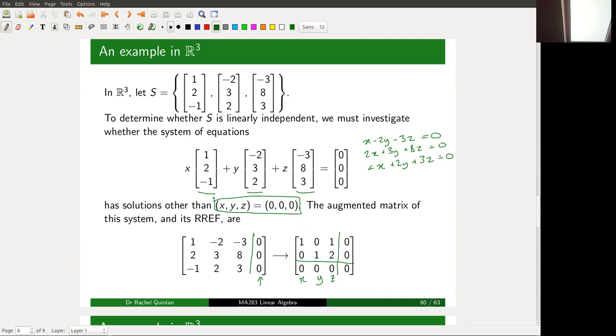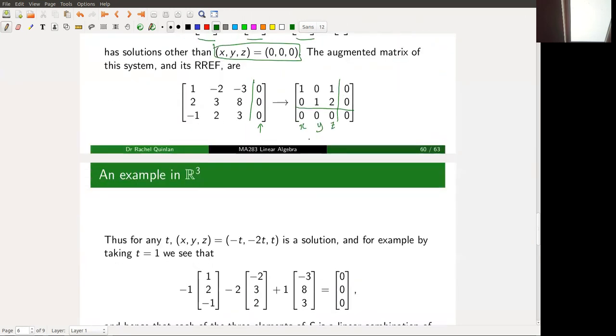We observe that z is a free variable here, and by choosing different values for z, which we can do freely, we're going to get different values for x and y as well. So there are multiple solutions to this attempt to write 0 as a linear combination of the three vectors in S, and our conclusion is that the set S is linearly dependent.